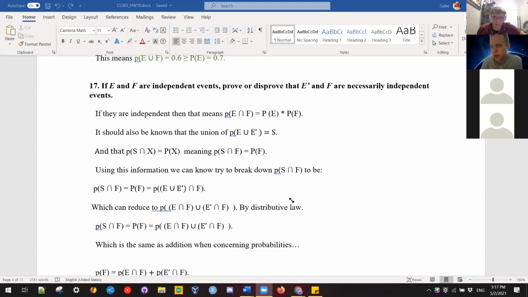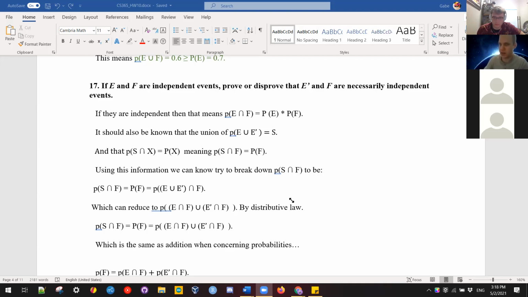Gotcha. So I said, okay, start with if they're independent, take the definition of independence. The definition of independence is that the product of the probabilities of two events will be their intersection if they are independent. So if not E and F are independent, then their product will eventually lead to the intersection.